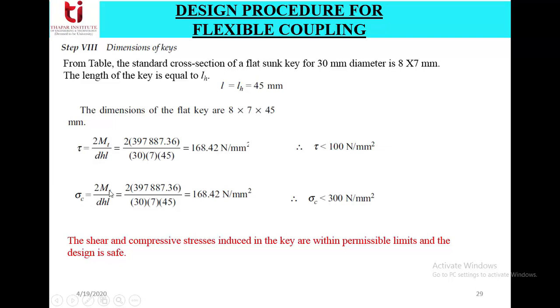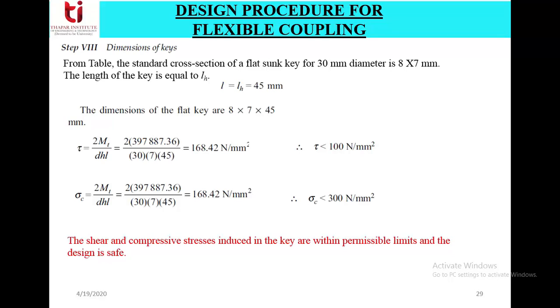Sigma c is 2Mt by dhl, we have the same equations here. So sigma c is 168.42, which comes out to be less than 300 megapascal, and this also will come less than 100. So we need to check the calculations at this stage. That means shear and compressive stress induced in the key are within the permissible limits, and hence the design is safe.